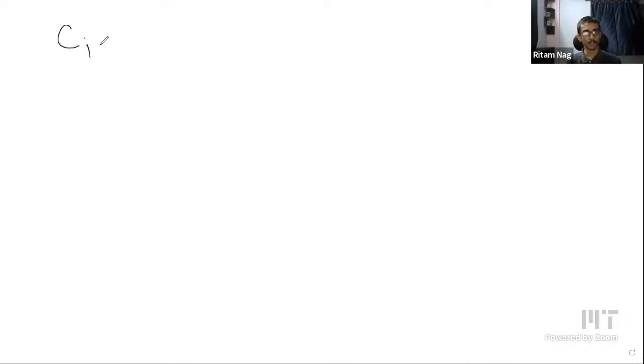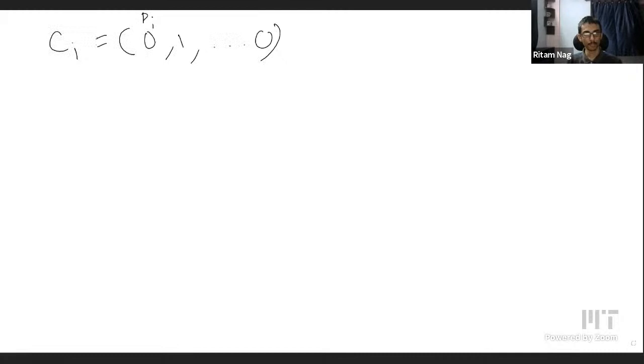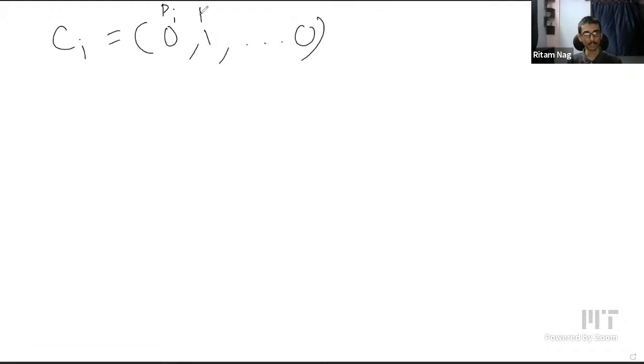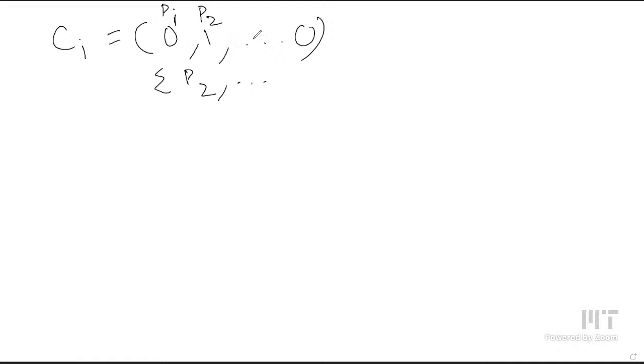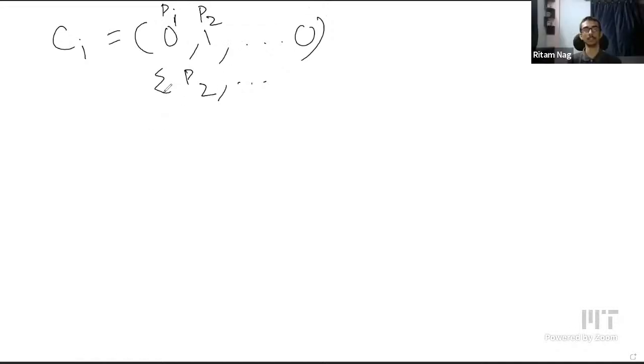How do we get the linear dependence? Okay, so suppose for each club Ci, we define the vector Ci to be 0 if person Pi is not in the club, and 1 if person Pi is in the club. So this does not contain P1 but contains P2, something like this.